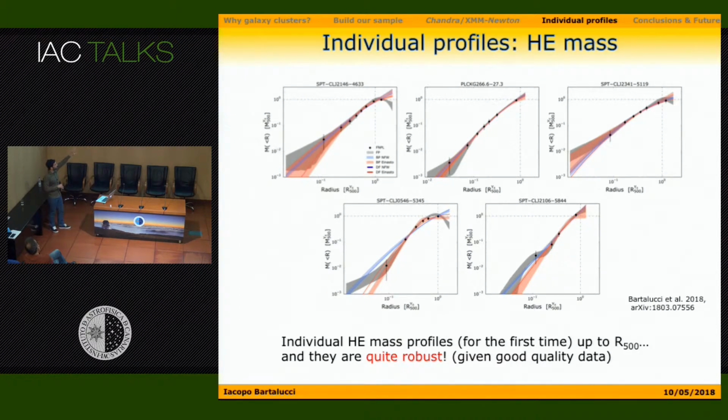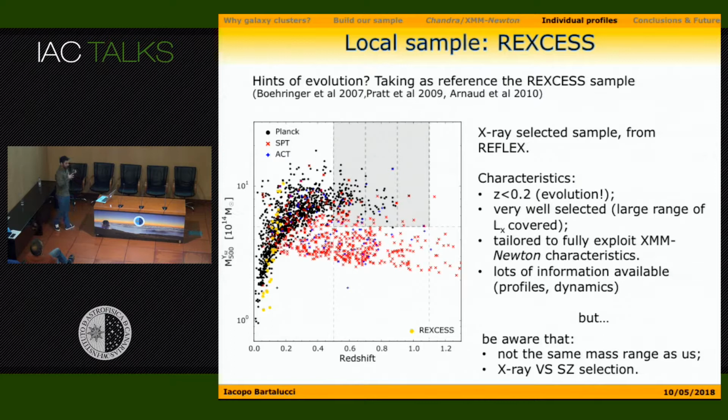And the important thing here is that you need data points to have an accurate and unbiased measure of your mass. And this is what we try to do in this work for this cluster. Okay, so we were able to measure individual profiles, and what we are interested in now is trying to do evolution.